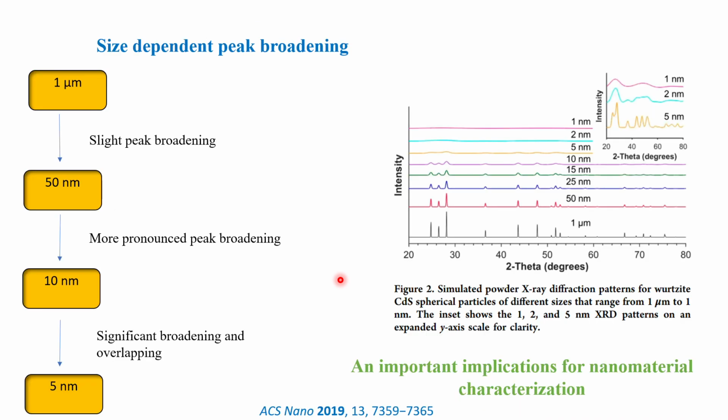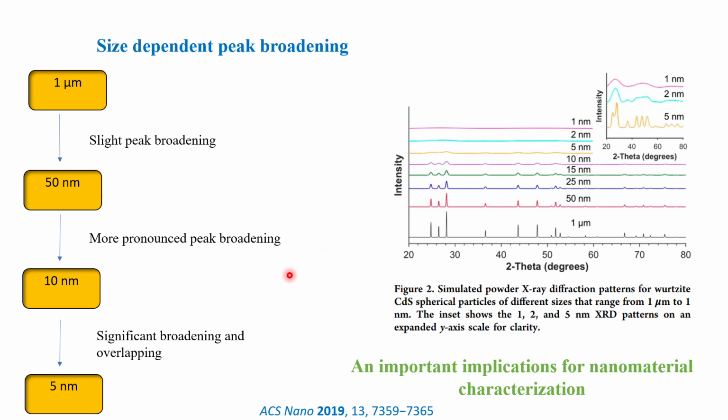This is the elaboration of how size depends on the peak broadening. We can see that when we move from 1 micrometer to 15 nanometers, the peak broadens slightly. After that, at 50 to 10 nanometer size, we can find significant peak broadening of the XRD patterns.